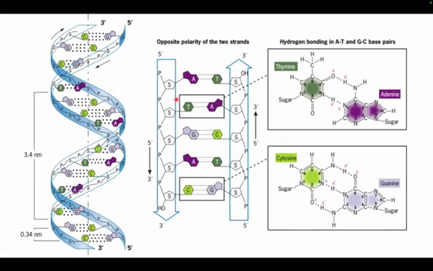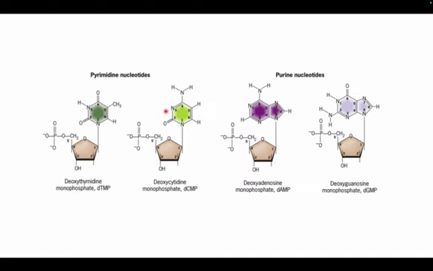The way that these nucleotides form a polymer is by forming a phosphodiester bond. This phosphate group can bond with this hydroxyl group to form a phosphodiester bond.